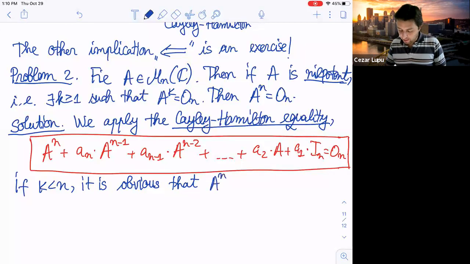It's obvious that at some point you'll reach the size of the matrix, so it will be A to the n.